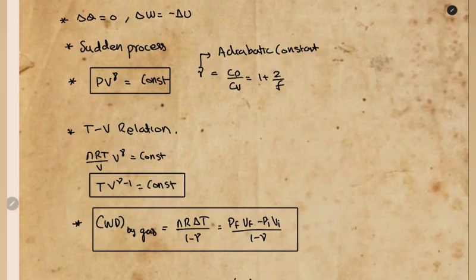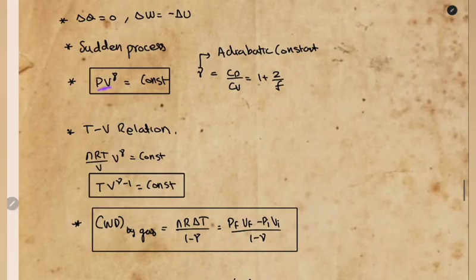I didn't tell the name in the table given above. Gamma is Cp by Cv. Remember, Cp by Cv, not Cv by Cp. Which is basically equal to 1 plus 2 by F. This is why I said that formula is important. Fine, you will be applying it here.